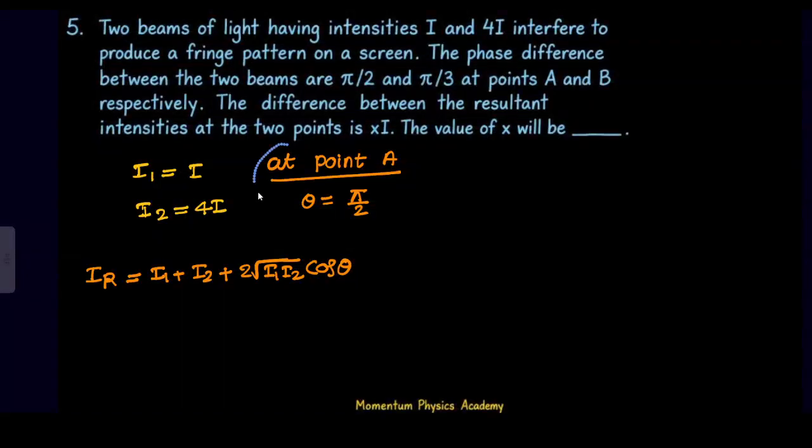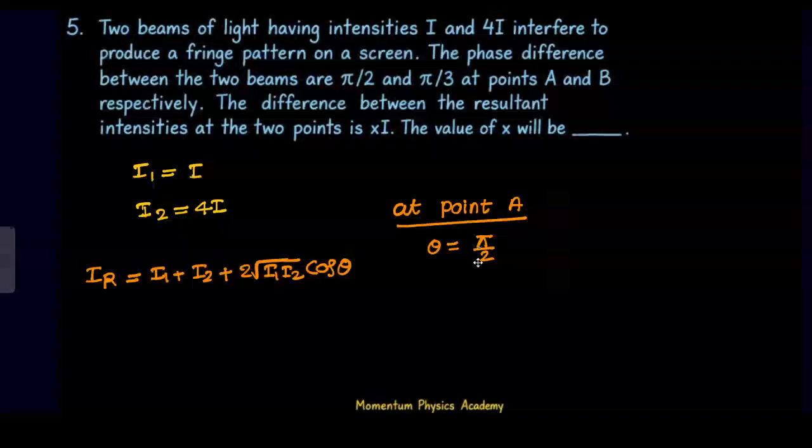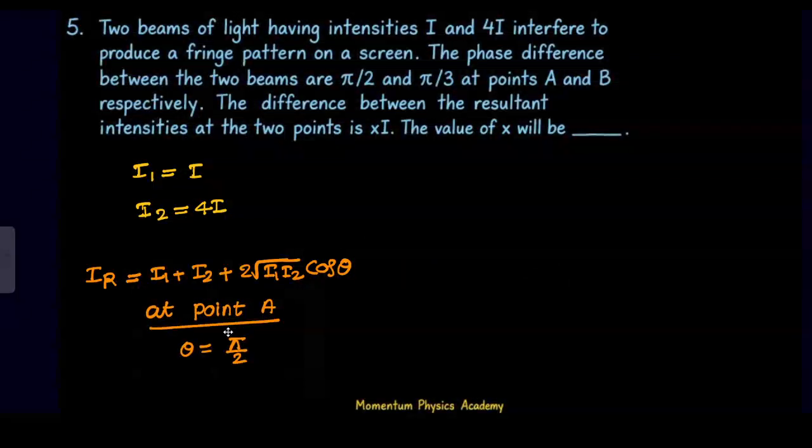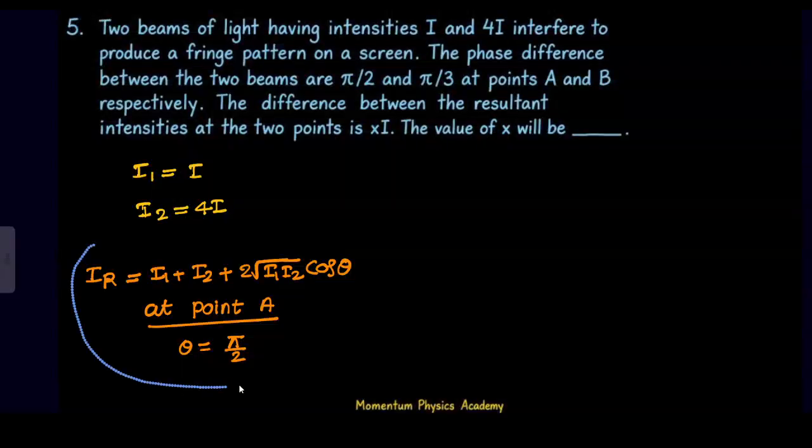Now at point A, the phase difference theta is given as 90 degrees.